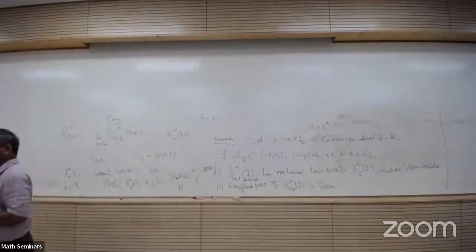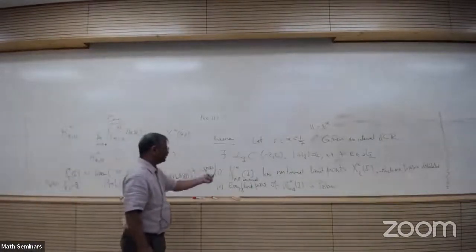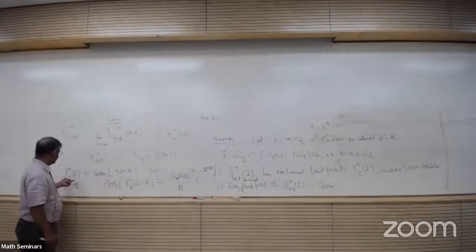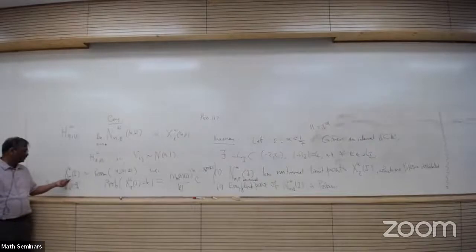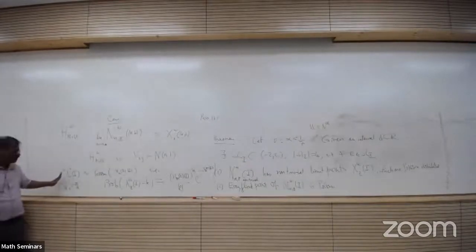Ideally the conjecture is that the limit points are all Poisson processes, which means this random variable, this function, almost every omega should be a measure as a function of I, and that should be a Poisson measure. So that's a Poisson process.